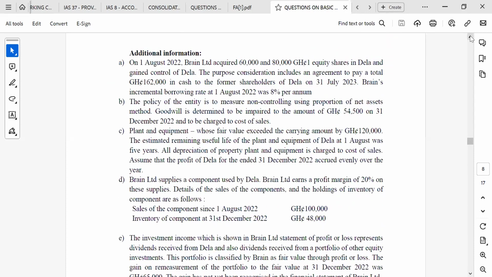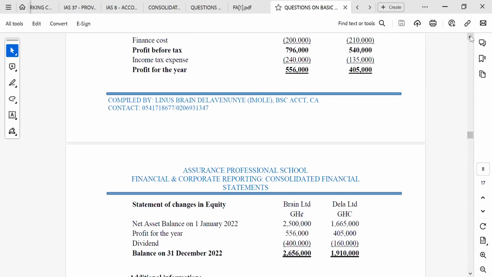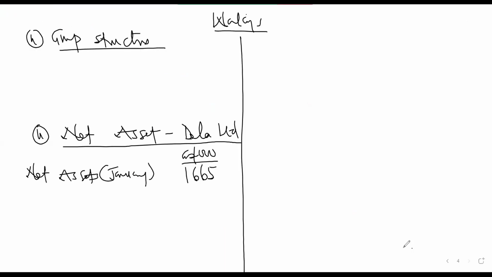So what you do is find 7 months of the profit for the year. They have done 7 months before we acquire them, so the post-acquisition profit will be 5 months. The 7 months will be pre-acquisition profit. So let's go to that place and do our profits. This net asset is at the beginning of the year.